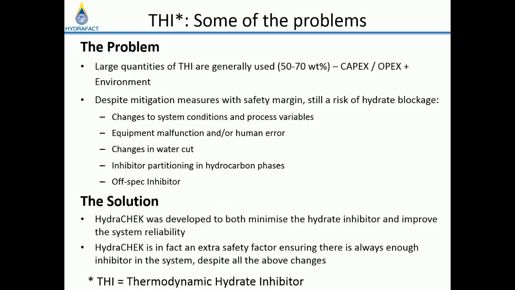In fact, large quantities of inhibitor are being used for avoiding hydrate problems, resulting in extra CAPEX like pumps, storage tanks, piggyback pipelines, and OPEX: cost of inhibitor, logistics, disposal, and damage to the environment and the product quality.